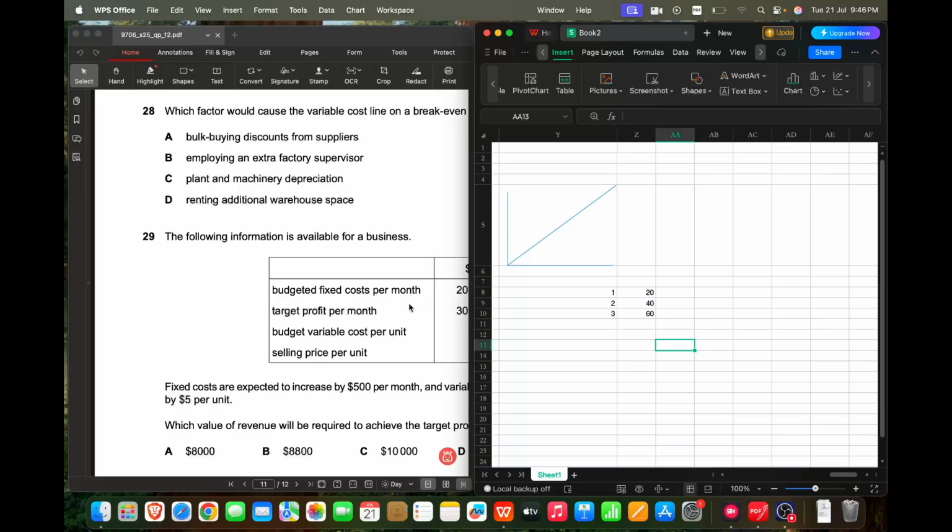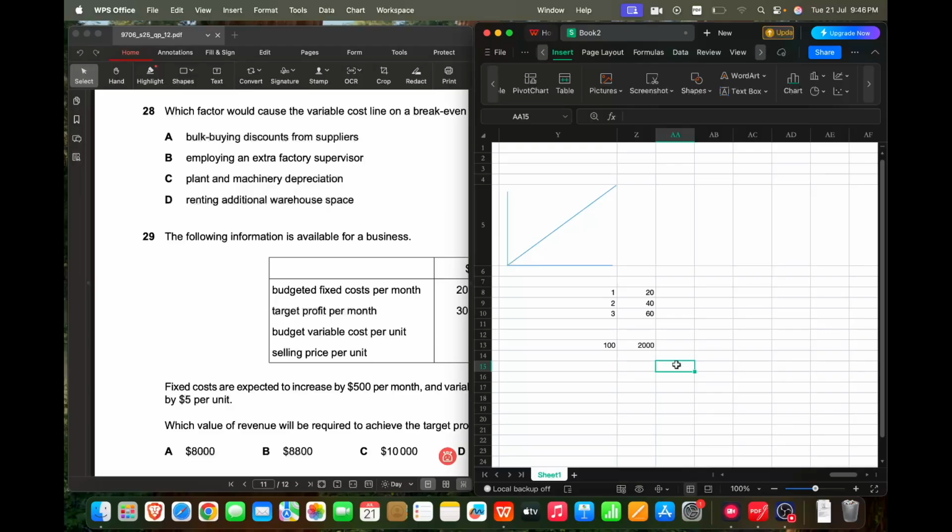But what question option A is saying is bulk buying discount from supplier. So if I buy in bulk, then this line sequence will break. For example, if we buy 100 units, at 20 per unit, for 100 units I should be paying $2,000.